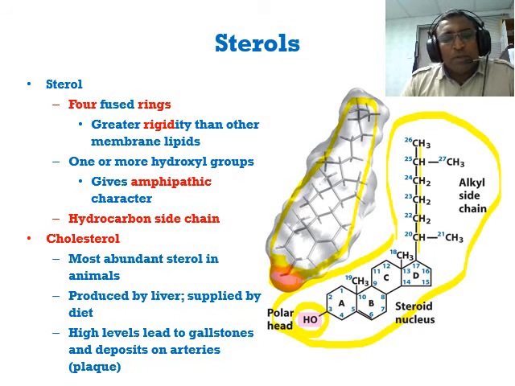And then, as also mentioned here, it is the most abundant sterol in animals. It can be produced by the liver. Also, you can get it from the diet. Food that is rich in fat seems to also bring in cholesterol.